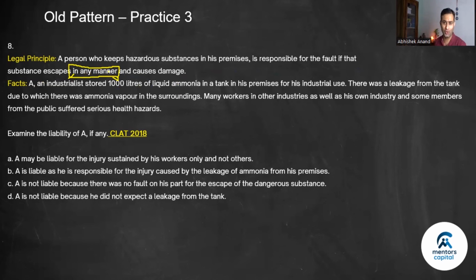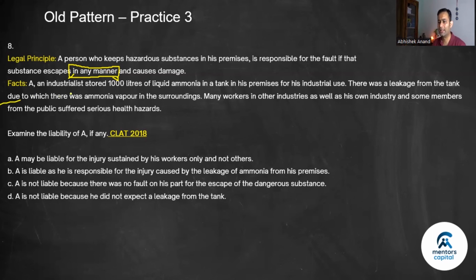Now, those who know law might apply strict liability here, but it has an exception. Here that doesn't apply because the principle categorically says substance escapes in any manner. It might be due to the mistake or negligence of the person who faces damage, but that will not come in here. It says in any manner.